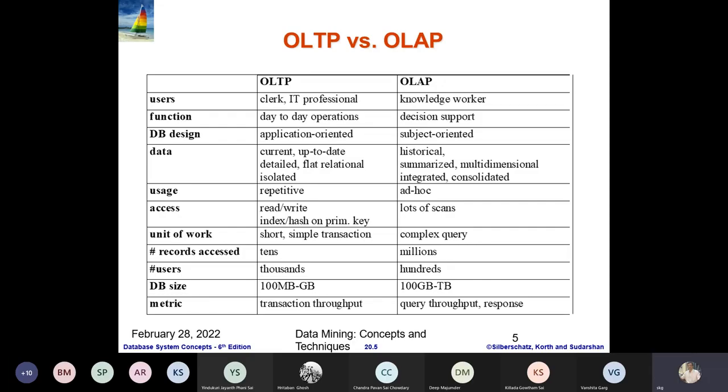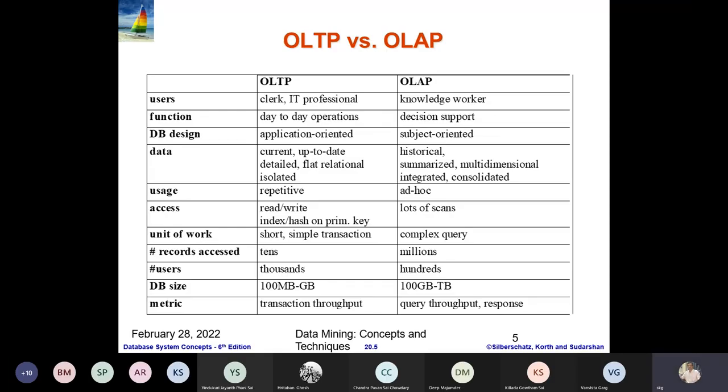So anyway, it's a huge volume of data which needs to be churned, and doing it in any sensible time is a serious challenge, right? Users of OLTP are a good amount, thousands of users, whereas in case of OLAP these are mostly decision-making people, so the number of users may not be that high.